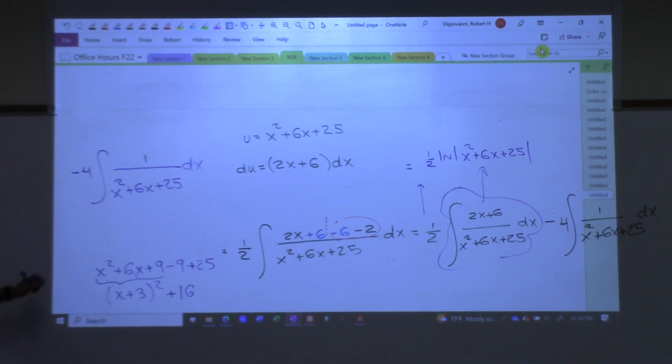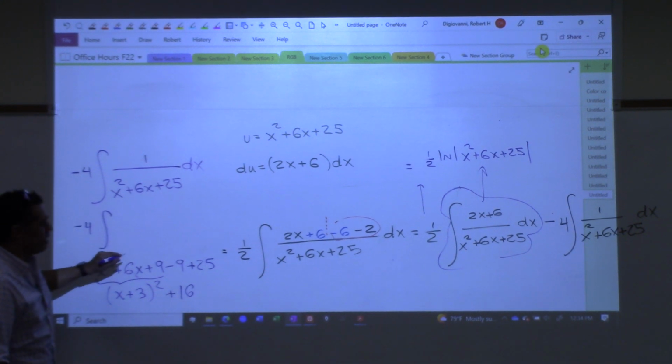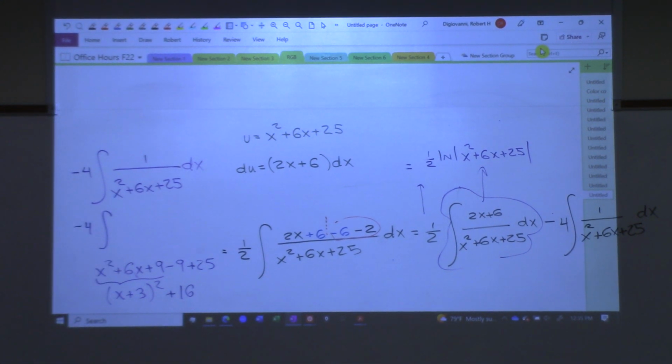I have a little tip with the completing of the square. A tip? Do you know the formula is b over 2, squared? The b over 2 is always the thing that is inside the parentheses. Yeah, I think I said that to you. But I did a little different.